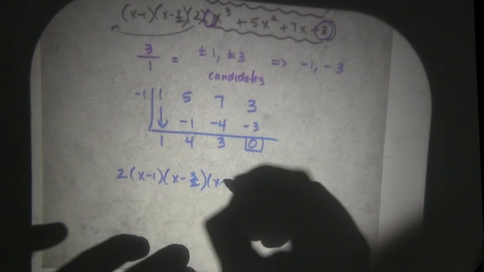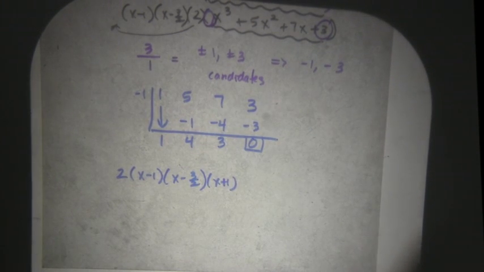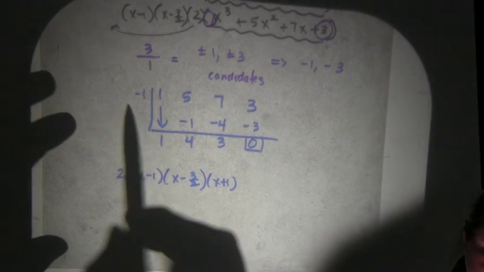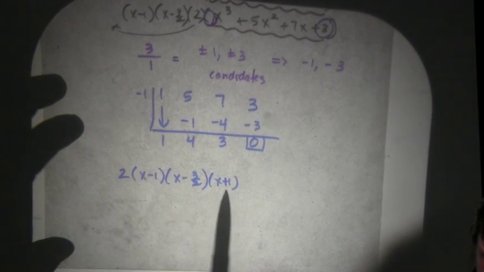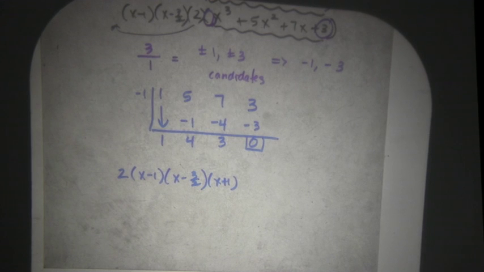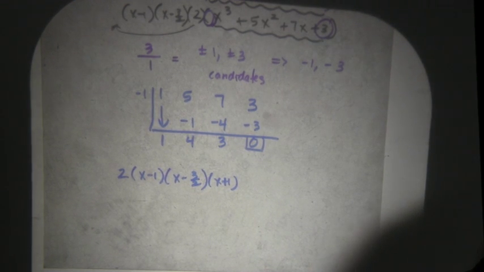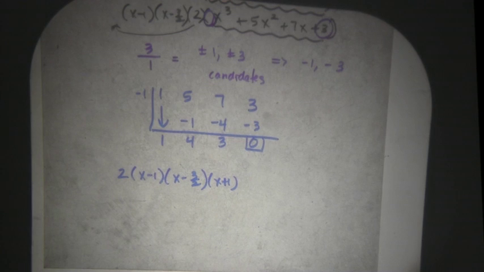Or sorry, it's an x plus 1, I'm lying. That's an x plus 1 there, because you always do the opposite, so this is a negative 1, so this will be a positive 1. So I've got 2, x minus 1, x plus 1, and x minus 3 halves. Okay, so that's actually good there.